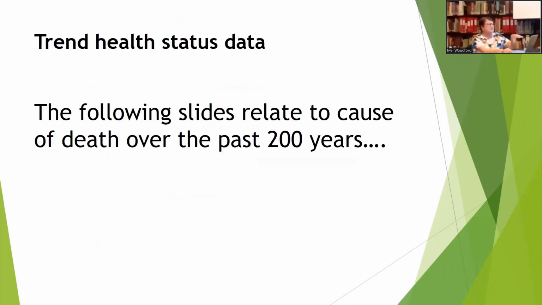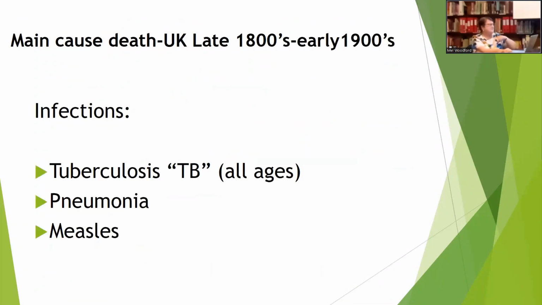So the following slides relate to the cause of death over the past 200 years. In the UK, in the late 1800s and early 1900s, again, the main cause of death was infections. So TB or tuberculosis, and that's for all age groups, pneumonia and measles.